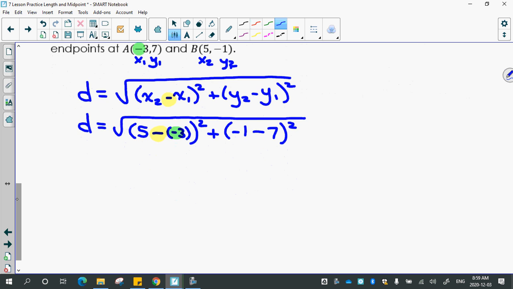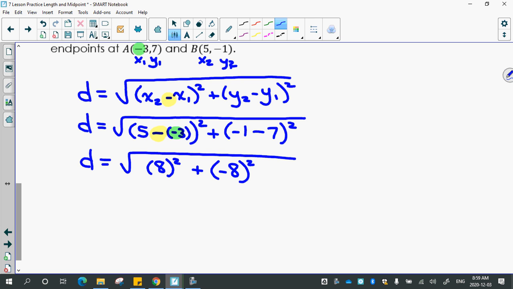So first step, write the formula down. Second step, substitute the numbers in and be careful that you're substituting them in the right spot. Now figure out the number that should be inside the bracket. Brackets first: 5 subtract negative 3 is positive 8, and negative 1 subtract 7 is negative 8.